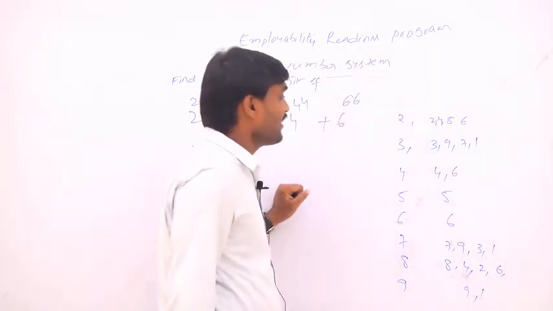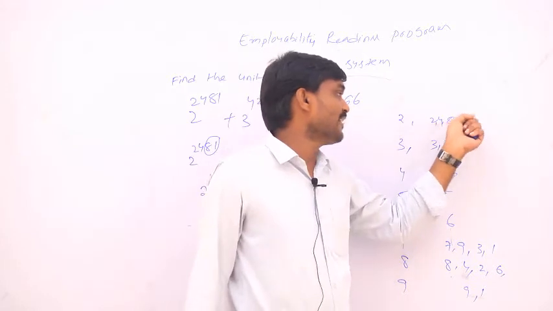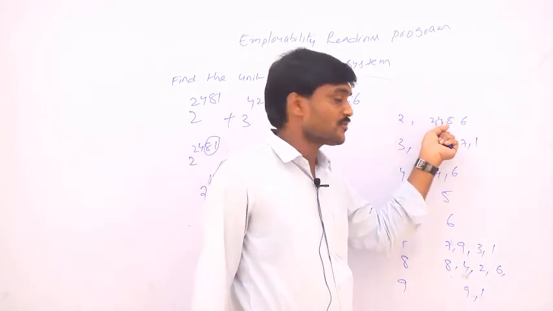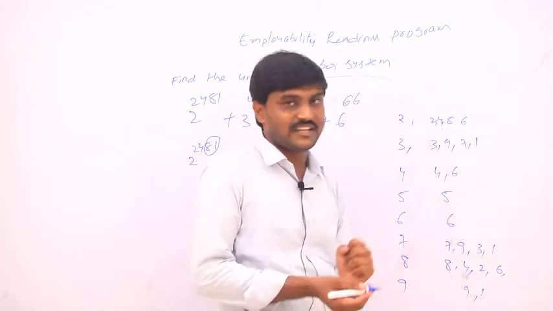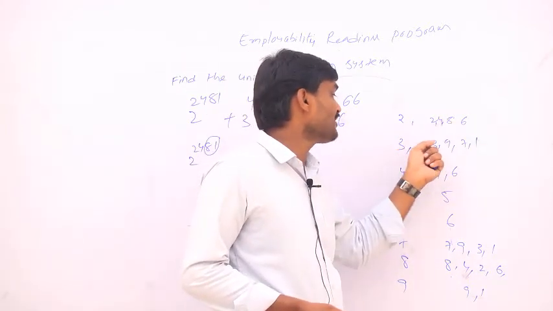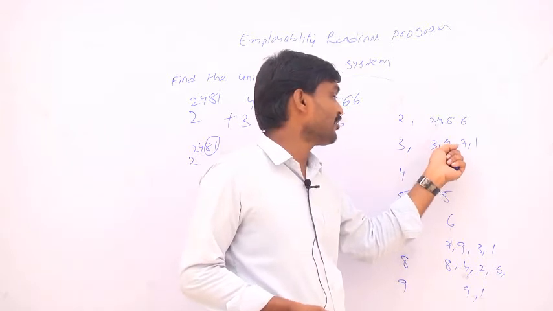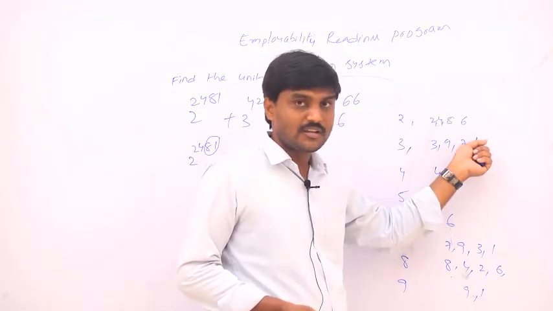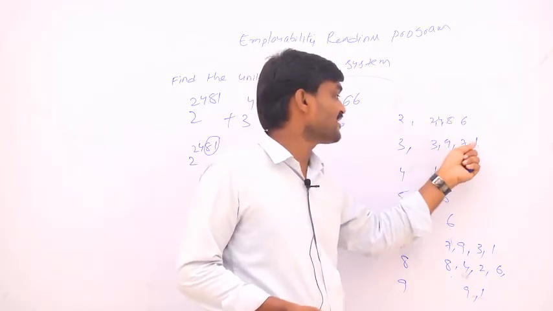So for 2 power any number, the unit digits are 2, 4, 8, 6, because 2 power 1 is 2, 2 square 4, 2 cube 8, 2 power 4 is 16. For 3 power, 3, 9, 7, 1.